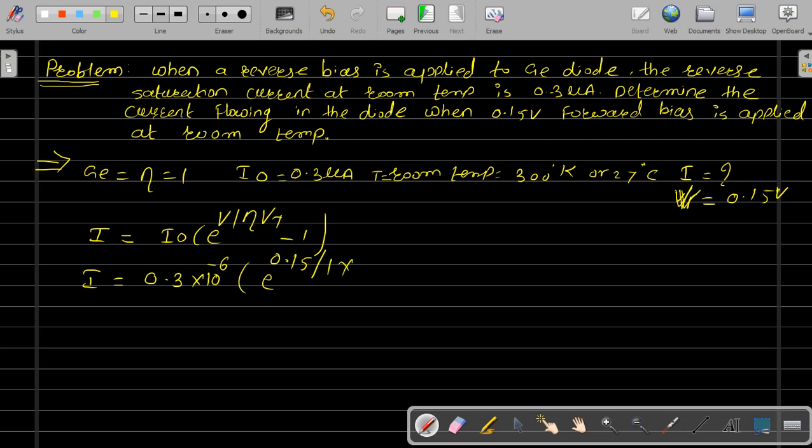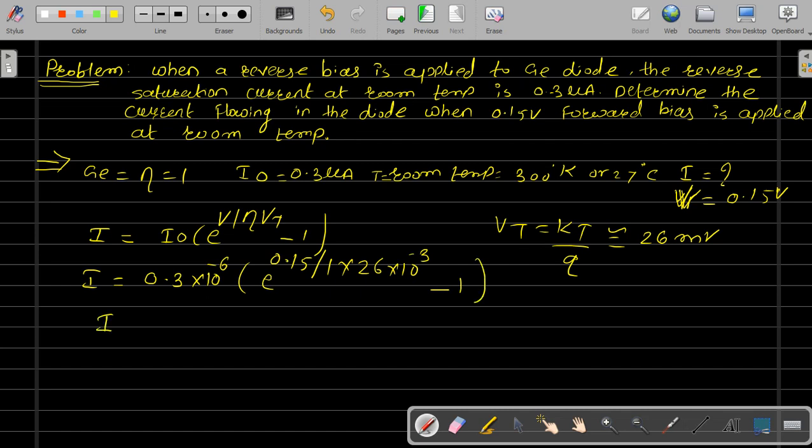What is Vt? Voltage equivalent of temperature, Vt equals kT by Q, where T is your room temperature, k is the Boltzmann constant, and Q is the charge of the electron. If you substitute these values, we get 26 millivolts, therefore 26 into 10 power minus 3, minus 1.